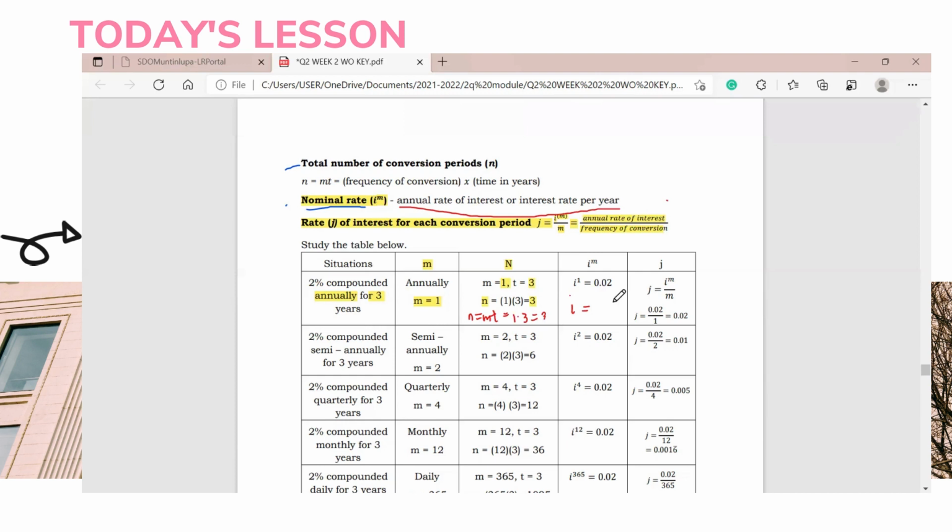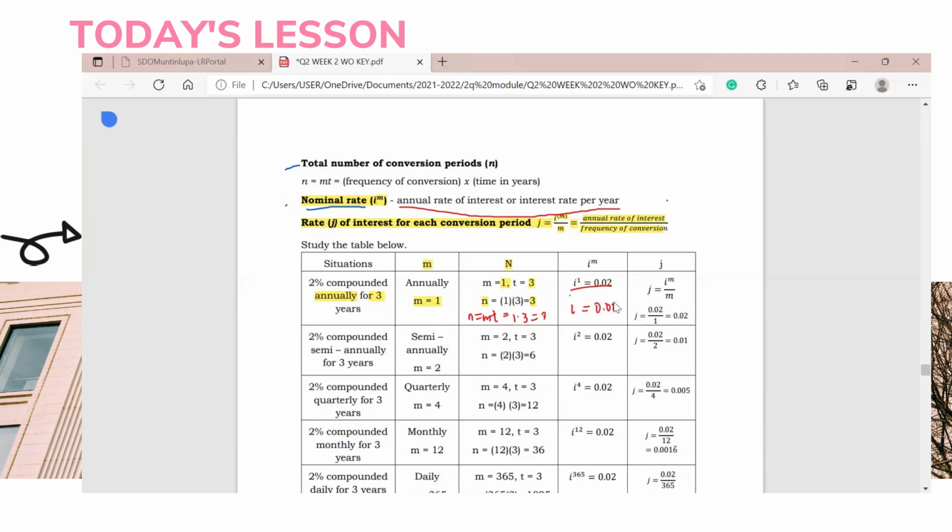So our rate is 2%. So i raised to 1, or i, is equal to 0.02. And then we now have j. Ang j ay i raised to m over m. We know that i raised to m is 0.02 over m, which is 1. So, ang j natin ay 0.02.